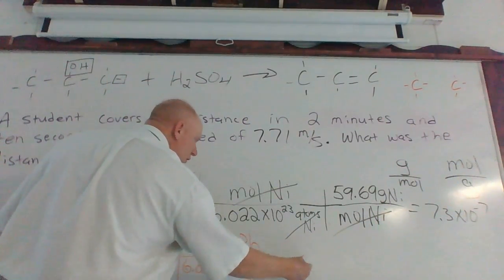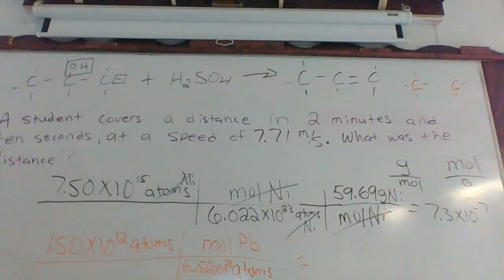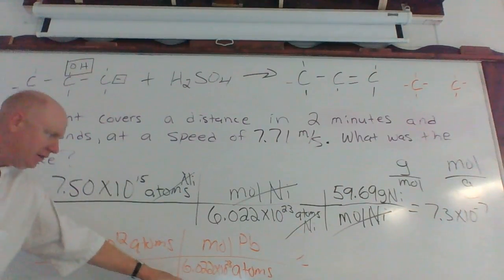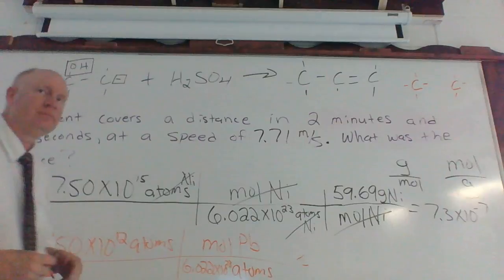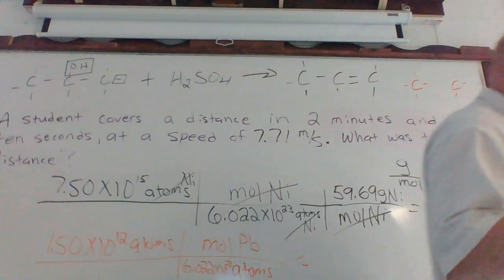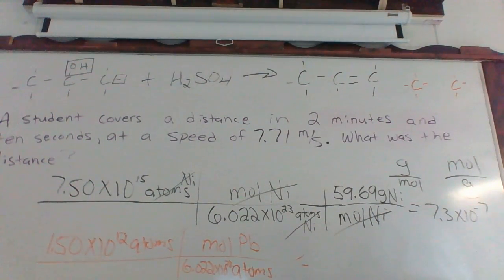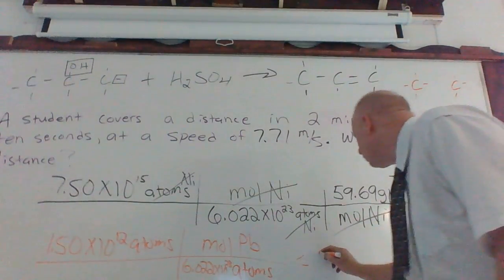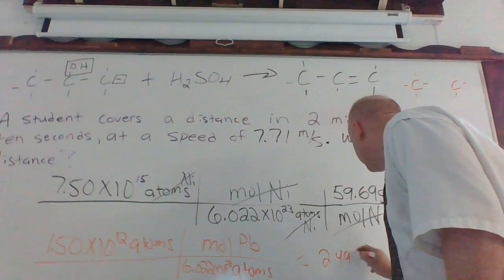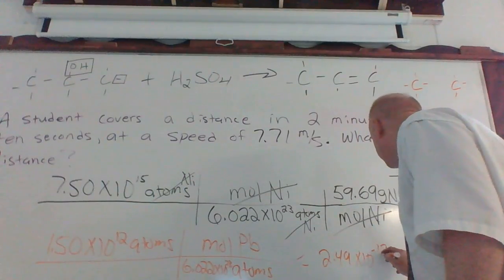That was just a 2-step problem, then you would be done. What do you do with these two? You divide them, and you should get 2.49 times 10 to the negative 12.